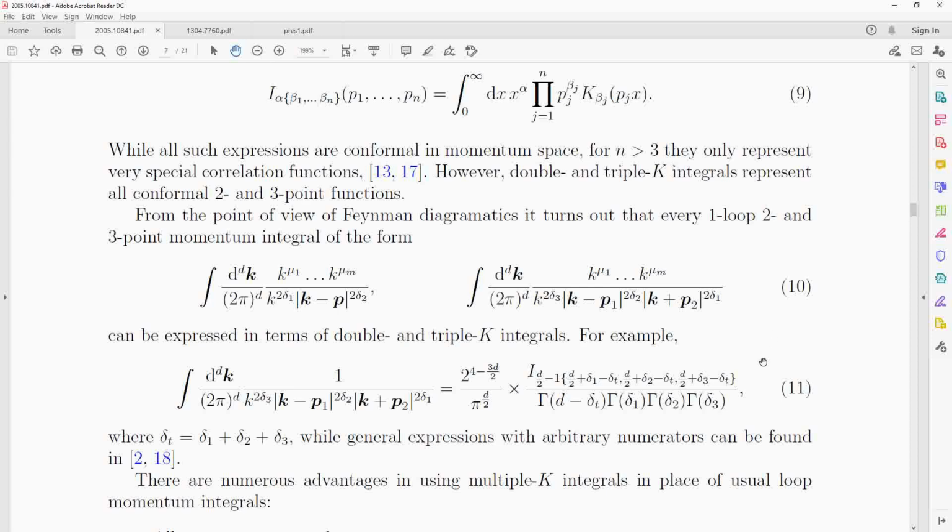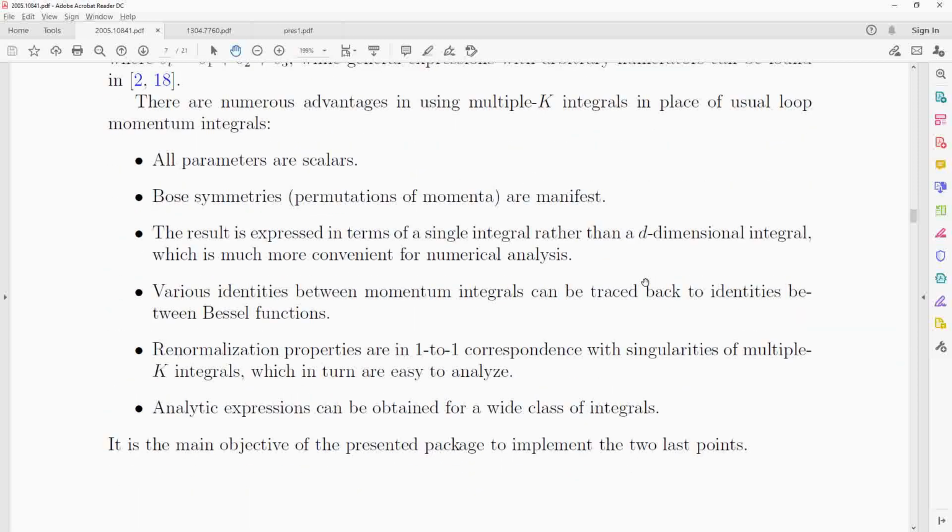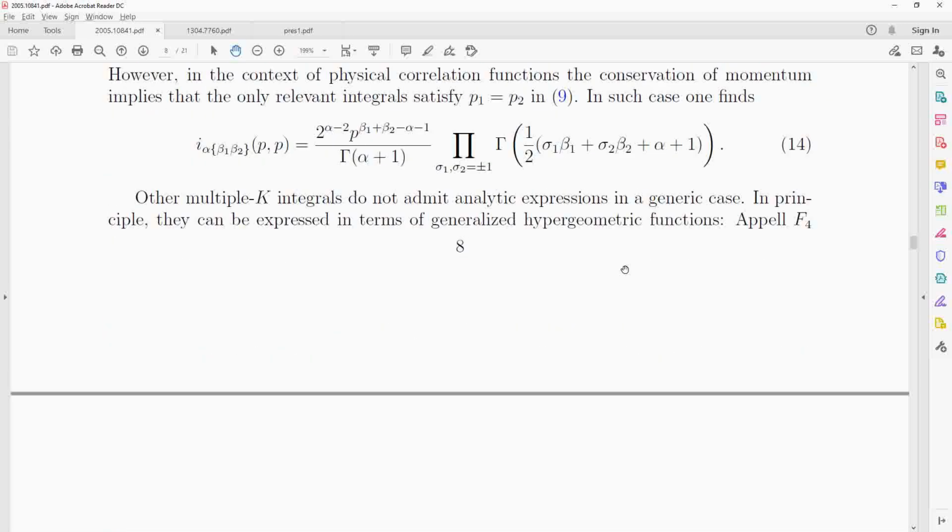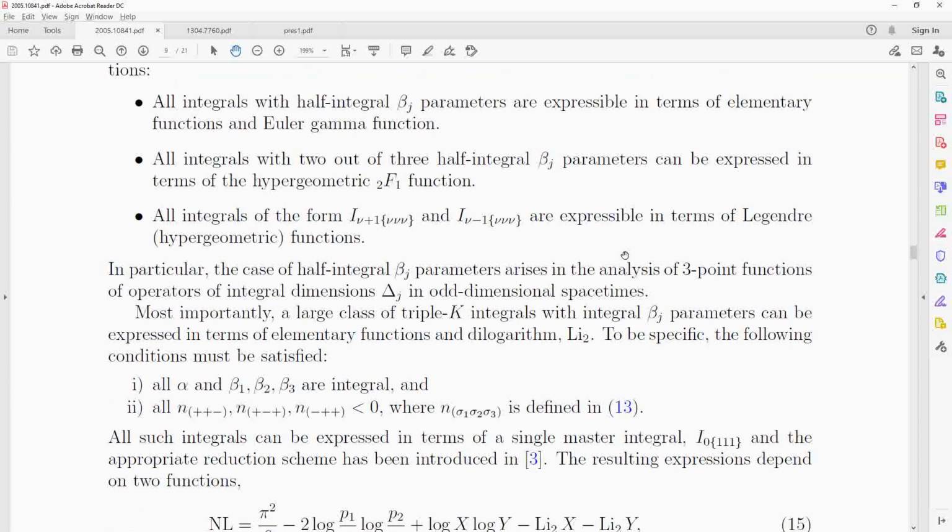And now the question is whether we can evaluate these TripleK integrals explicitly. And indeed, there are many cases where we can do it explicitly. And one of the 2 important cases that we'll use here. So one case is this one. This is a case where all beta parameters are half integral, and this happens for operators of integral dimension in odd dimensional spacetimes.